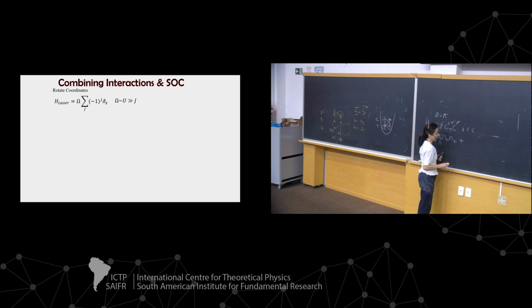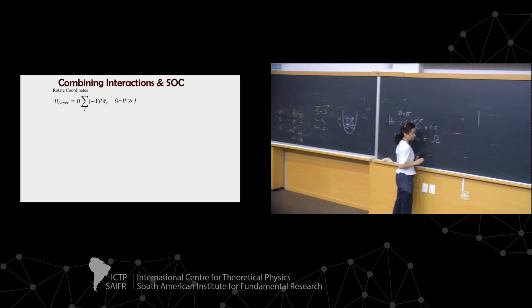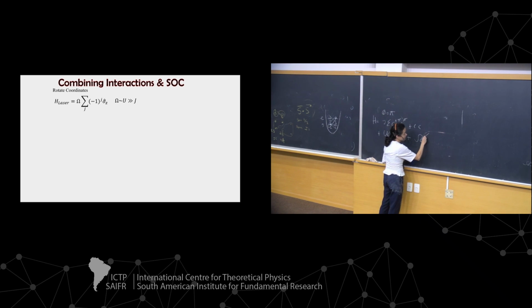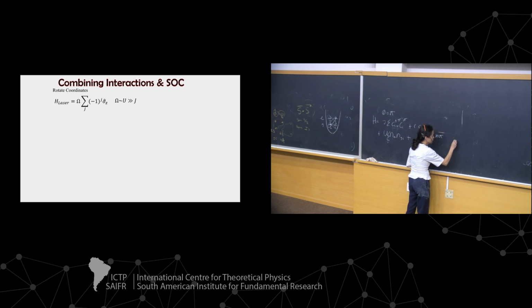And I have a drive, but now the drive has a spin orbit coupling phase. So the drive is going to be e to the i k x, which is e to the i n pi, and then you destroy a particle in down at lattice site n and create a particle in up at lattice site n, plus the complex conjugate.